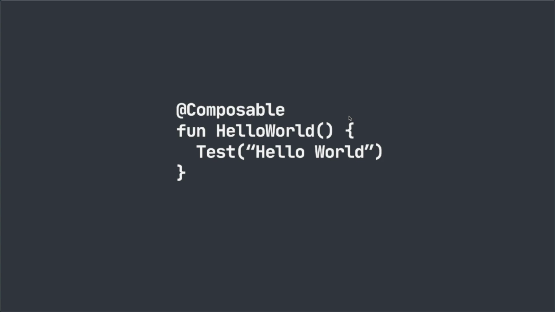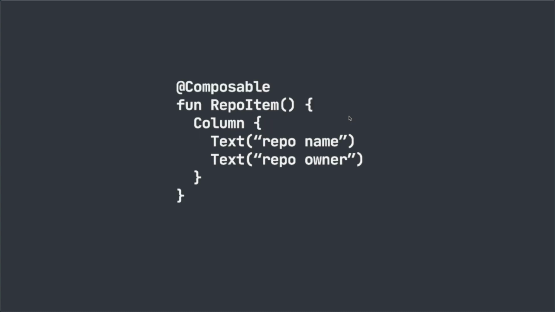Basically, you write a Kotlin function and you annotate it with the @Composable annotation, and that signifies to the Compose compiler plugin that it figures out how to get that onto the screen for us. If we look at a slightly more complicated example, here we have a composable that creates a column, and it puts two text elements into that column.